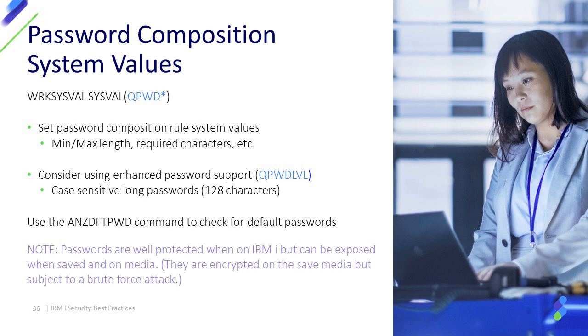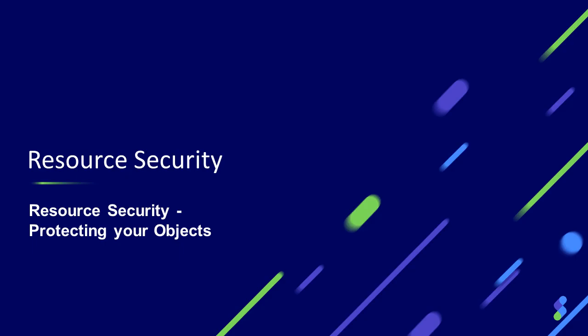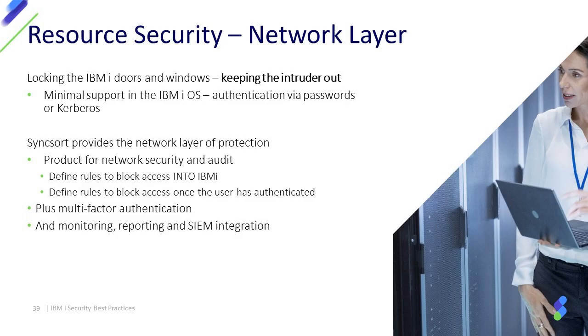That's where there can be an exposure from an attack on the passwords. As they sit on media, they're encrypted, but there certainly are lots of techniques in the industry to be able to access those. Take a look at WRKSYSVAL *SEC as well. There's a lot of system values out there. You want to take a look at those and do a little bit of research on the settings.